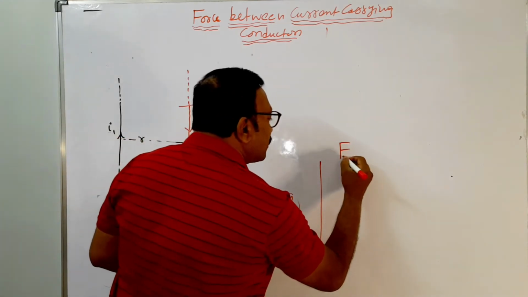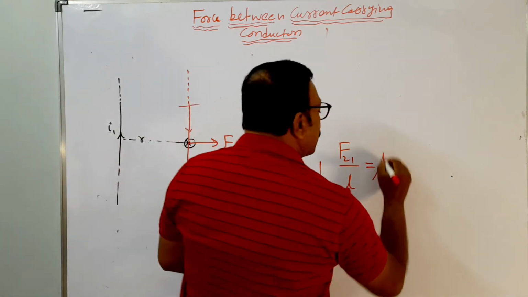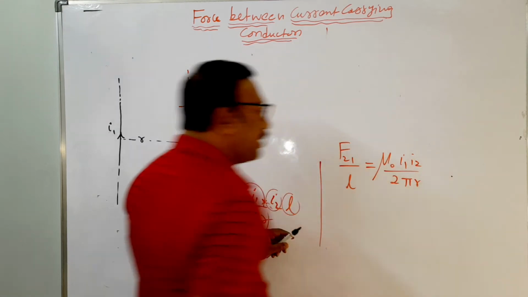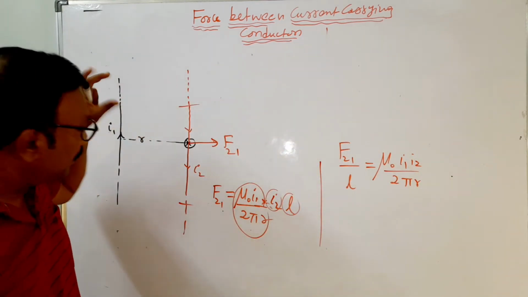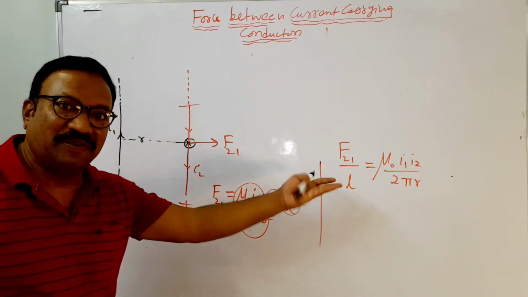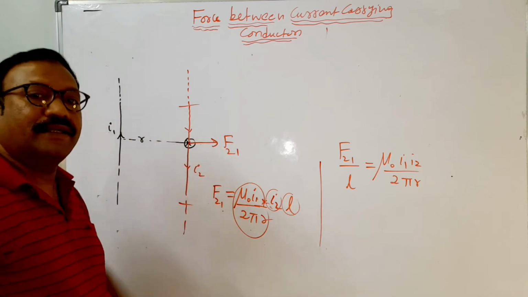The force per unit length is equal to mu naught I1 I2 divided by 2 pi r. So on this wire, force per unit length is this, which is equal to the previous formula only, but it is now acting this side. Previously it was acting this side.